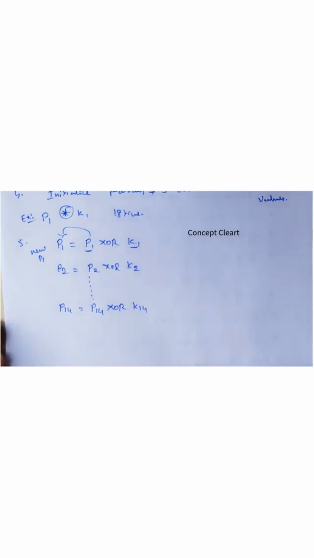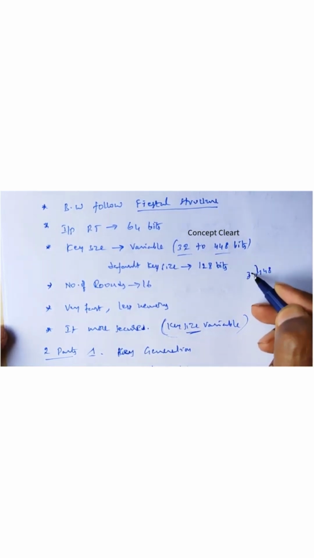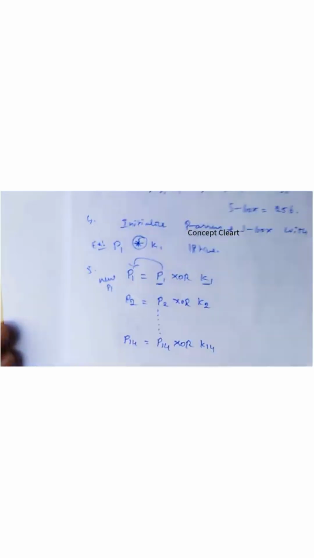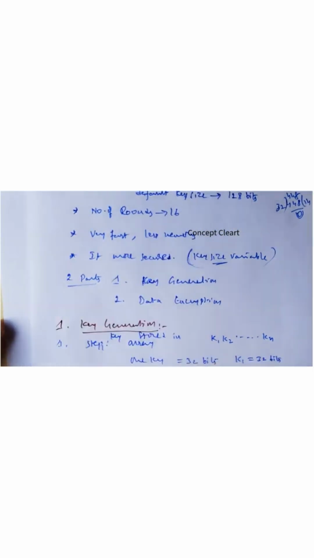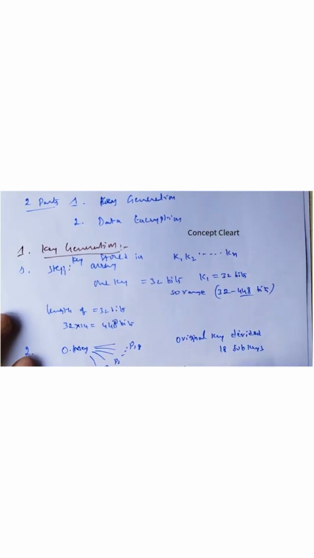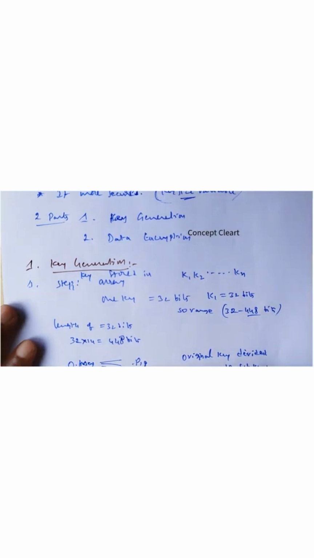Here we saw that if you divide 448 by 32, we get 14, so we get only 14 keys: K1, K2, up to K14. But how many P's do we have? The P's are divided up to P18.